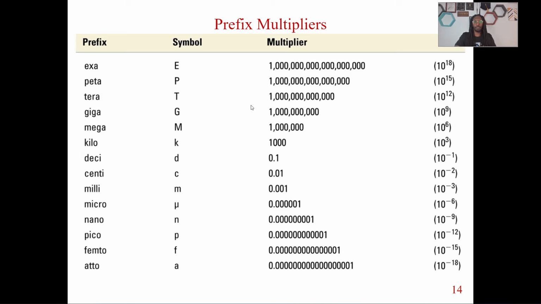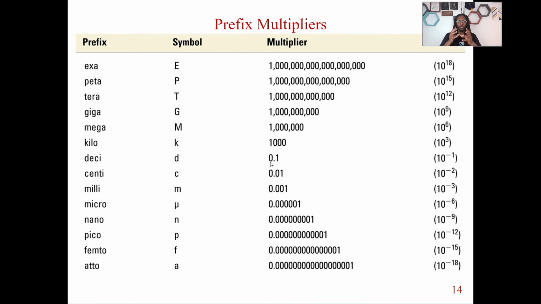So for instance, let's start off with kilo. The prefix is kilo. The symbol is k, and this is telling me that the multiplier is 1,000, so 10 to the 3. Now, this is letting me know we have a base unit. For instance, say I'm working with meters.